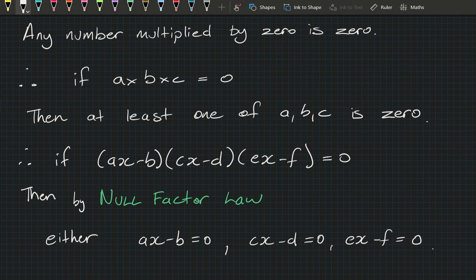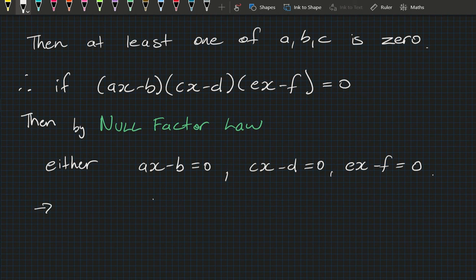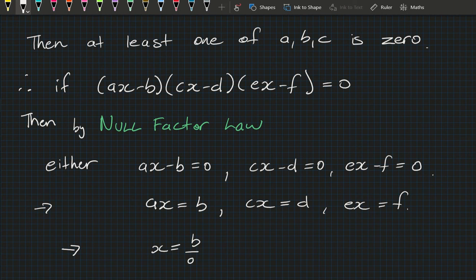So then to find the x values, we're going to solve for x here. That means that either ax is equal to b, or cx is equal to d, or ex is equal to f. And therefore we know that this is going to be equal to 0 when x is either equal to b divided by a, or d divided by c, or f divided by e.